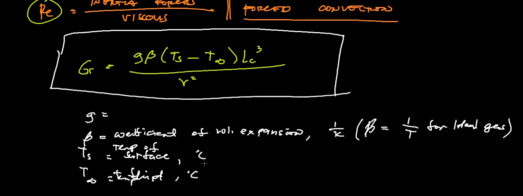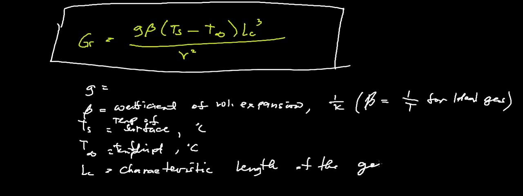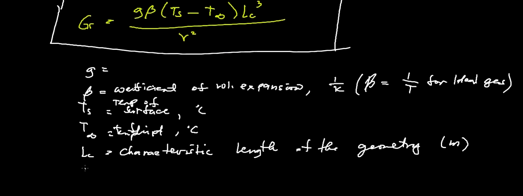What else? Again, Lc is the characteristic length of the geometry, usually in terms of the unit meter. And nu is of course our kinematic viscosity.